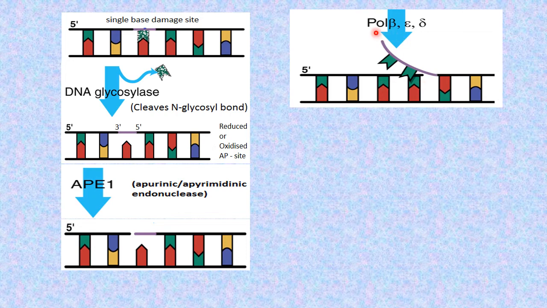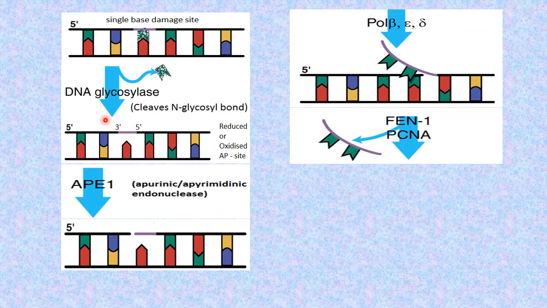Now this DNA glycosylase that is involved over here has another activity too, and that is the lyase activity. Because of this lyase activity, it will remove a stretch of your DNA backbone that may involve other nucleotides too.